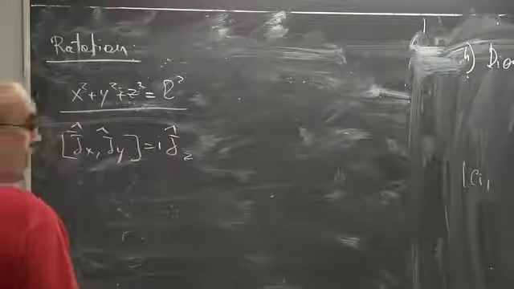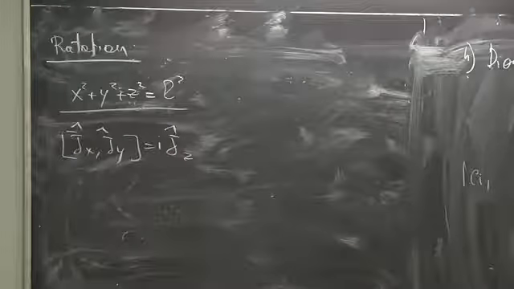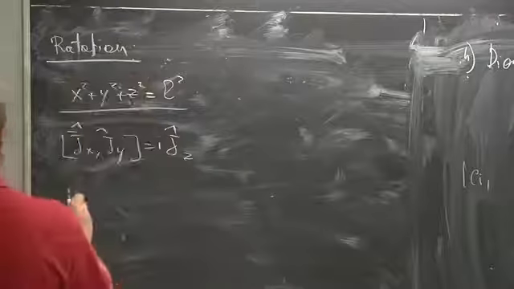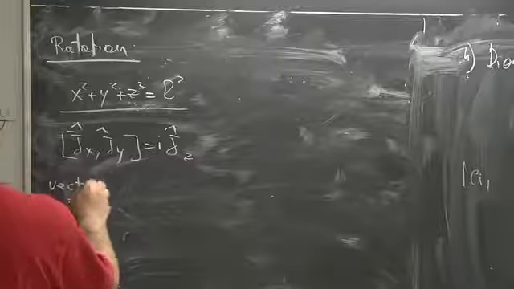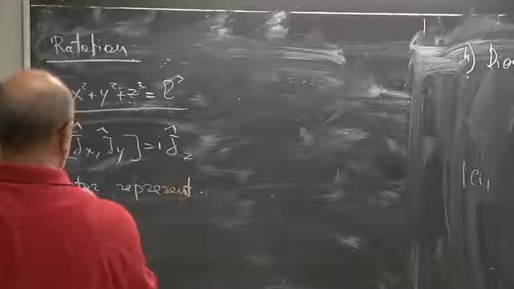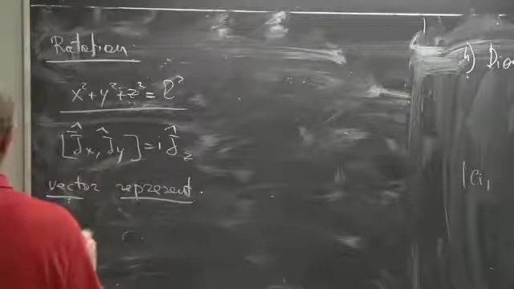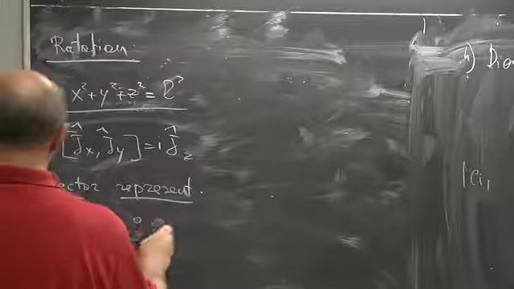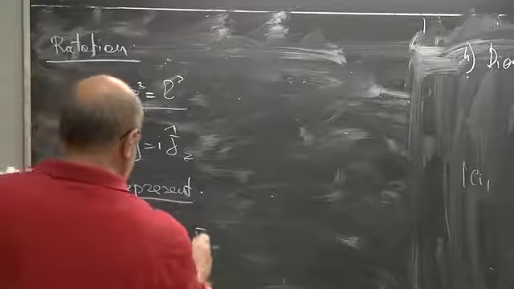In 3 dimensions, I have the representation that you have seen before, the vector representation, with Jx equals 0, 0, 0, 0, 0, minus i, 0, i, 0, and Jy equals 0, 0, i, 0, 0, 0, minus i, 0, 0, and Jz equals 0, minus i, 0, and so on.